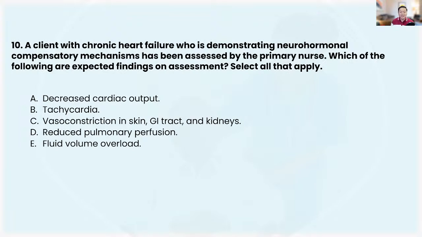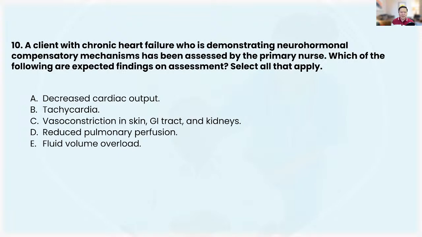Which of the following are expected findings on assessment? Select all that apply. Is it A, decreased cardiac output, B, tachycardia, C, vasoconstriction in the skin, GI tract, kidneys, D, reduced pulmonary perfusion, and E, fluid volume overload? What do you think?